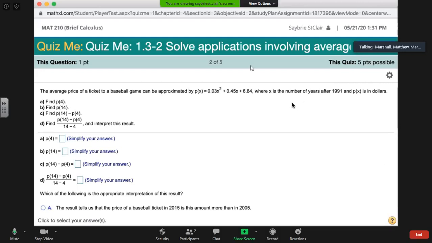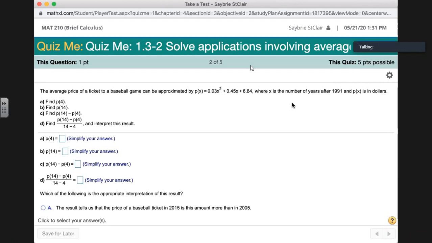Alright, these are the ones we gotta plug into that equation. So 0.3, you can just leave it on the screen if you want. 0.303, and if I plug in that 4 right there, plus 0.45 times that 4.